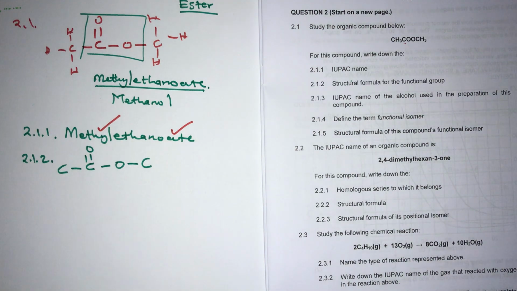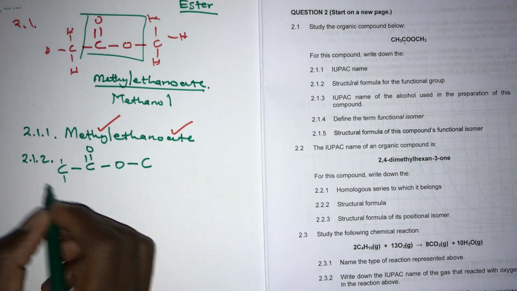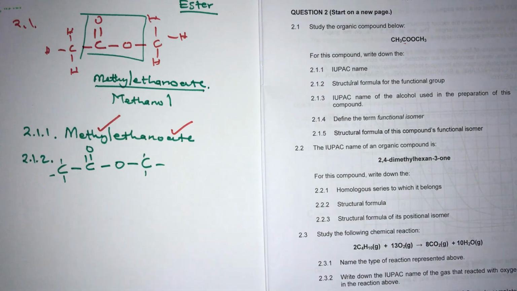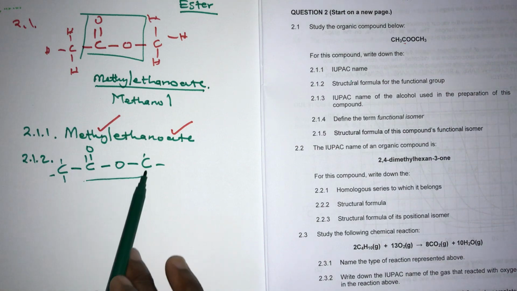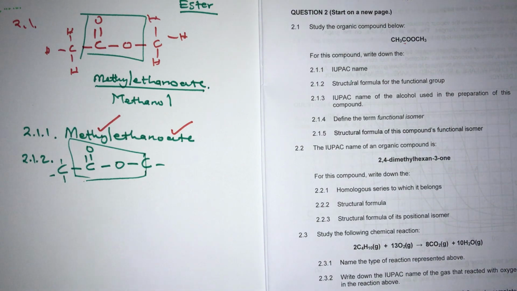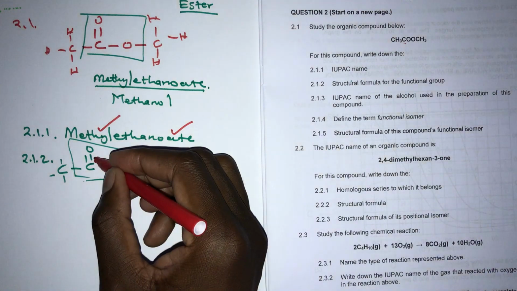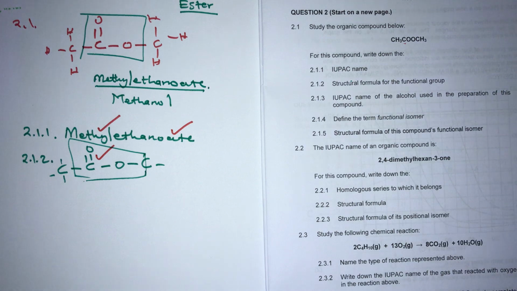So we can put C here. You can also show the bonds, that is fine. But the focus is this part. So this is the structure for the functional group. This is 1 mark according to the question.